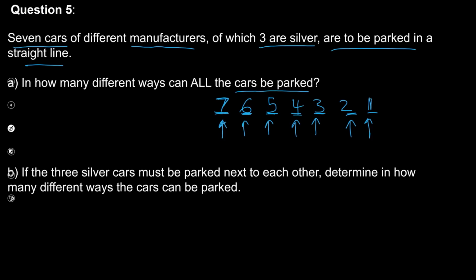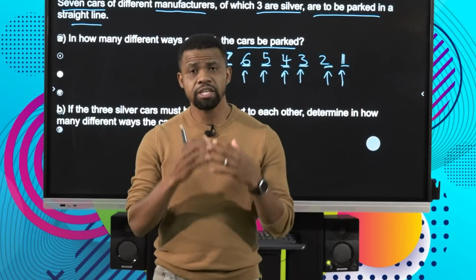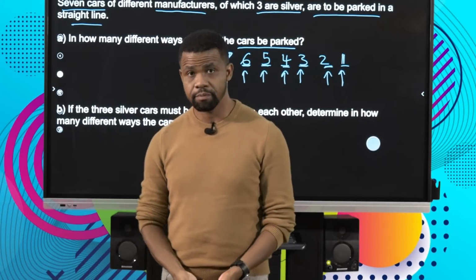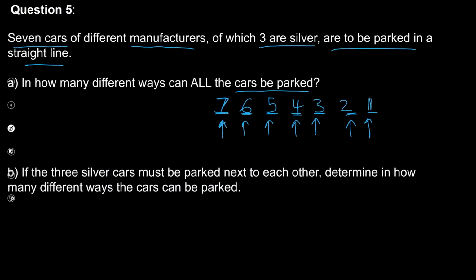So to answer our question, we just have to multiply all those choices. So it would be 7 times 6 times 5 times 4 times 3 times 2 times 1. And you can put that on your calculator, but this is fine like that, without simplifying the answer.